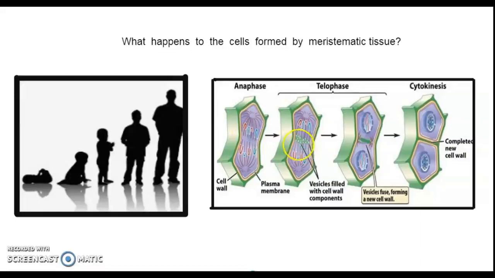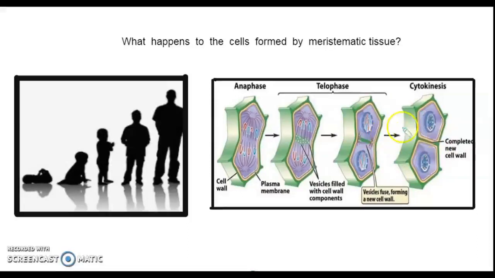It gets divided in such a way that it forms two different nuclei and gets separated from each other. They start developing a new cell wall in between each other. So, this process where a nucleus is divided into two other nuclei is known as cell division.